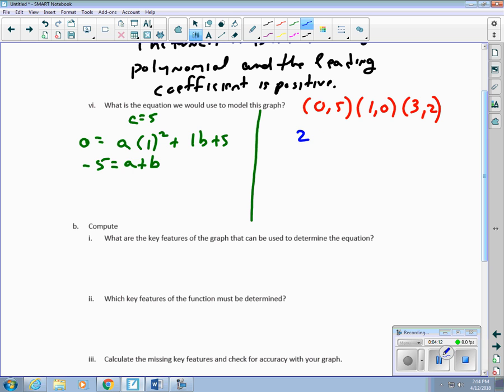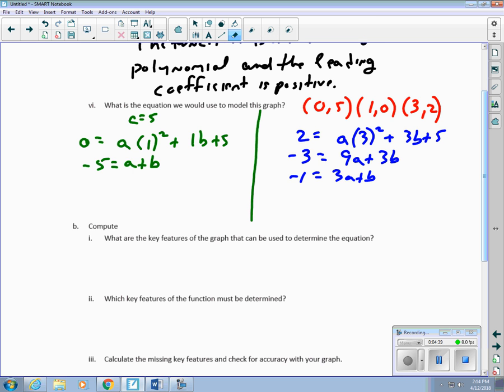Then I have 2 equals a times 3 squared plus 3b plus 5. A step before simplifying completely, you get negative 3 equals 9a plus 3b. I'm going to divide everything by 3 and get negative 1 equals 3a plus b.